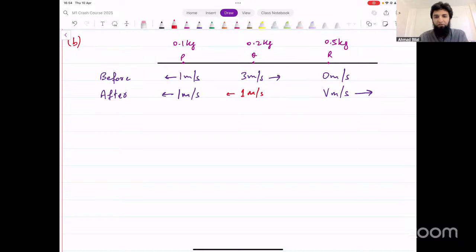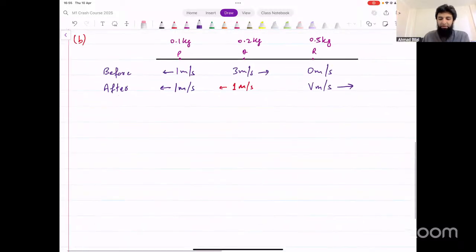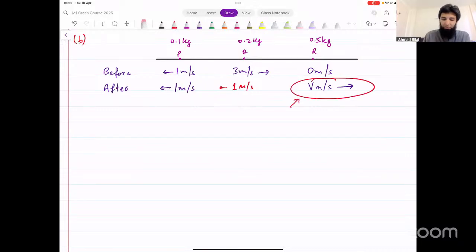That is going to give you the extreme value for V. So that's what we consider. We say, let's find this value of V when Q is moving towards the left side at 1 meter per second.